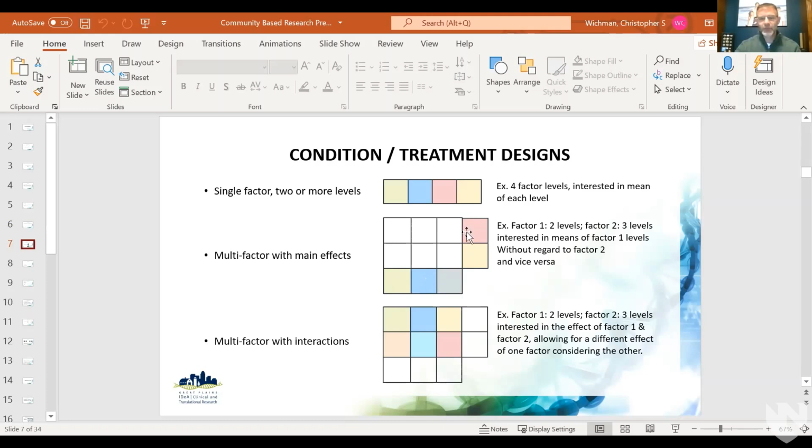And then I have the overall effect of the 2 levels of B, the red and the orange, without regard to the levels of A.